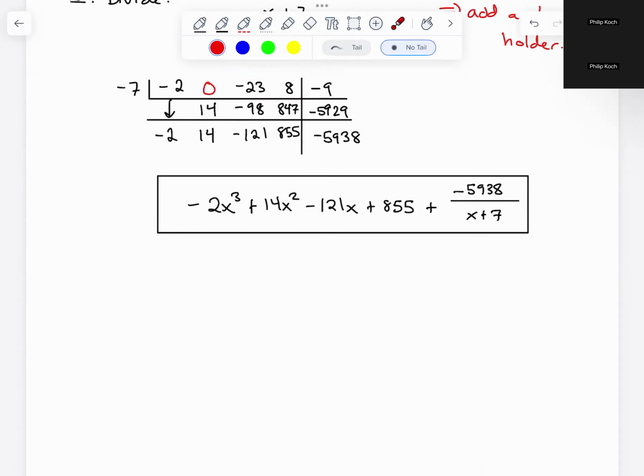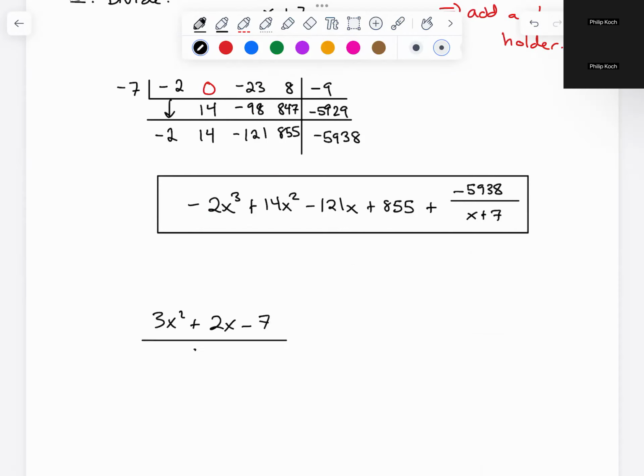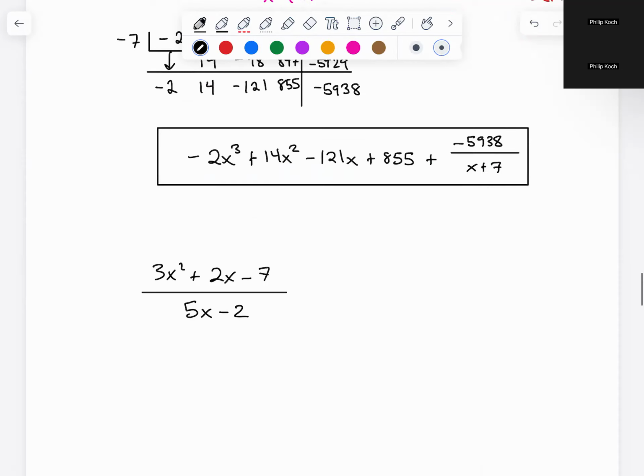So let's say if instead it was something like 3x squared plus 2x minus 7 divided by 5x minus 2. What you could do to get it into the proper format for synthetic division is you could rewrite this. You could factor out a 5, and then when you factor out a 5 from x, you get just an x.